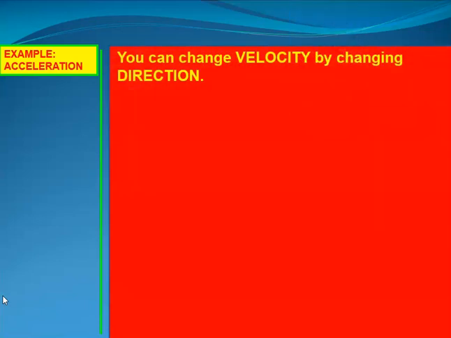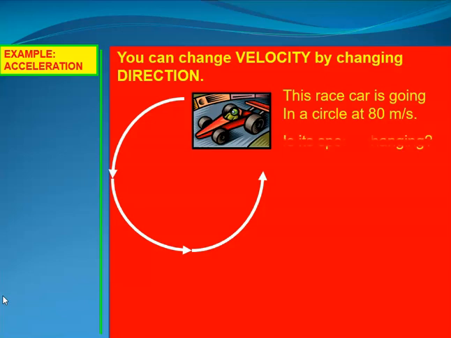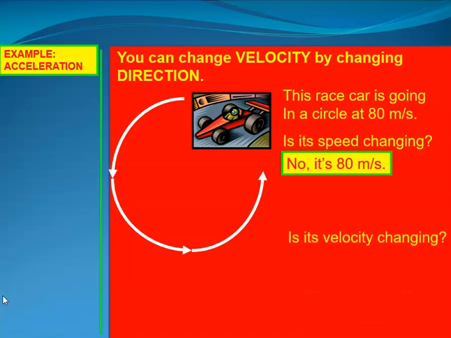You can change velocity also by changing direction. So this race car is going in a circle at 80 meters per second. Question, is its speed changing? And the answer is no, it's going 80 meters per second. Next question, is its velocity changing?